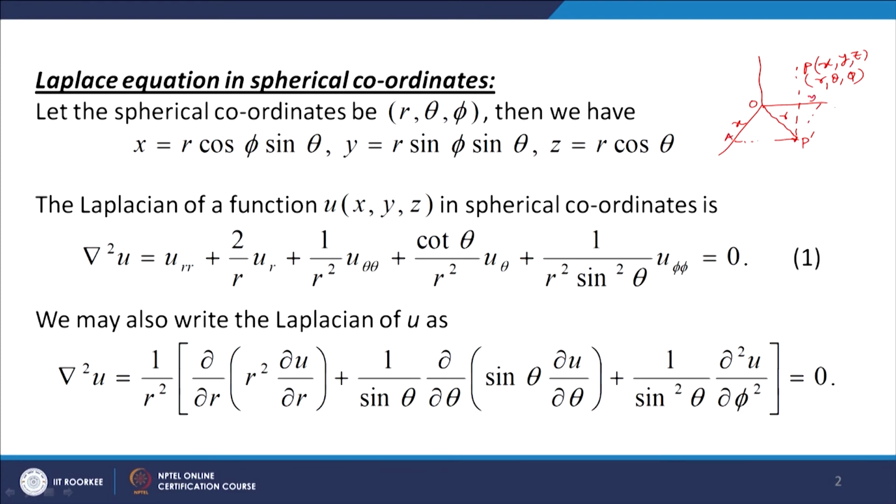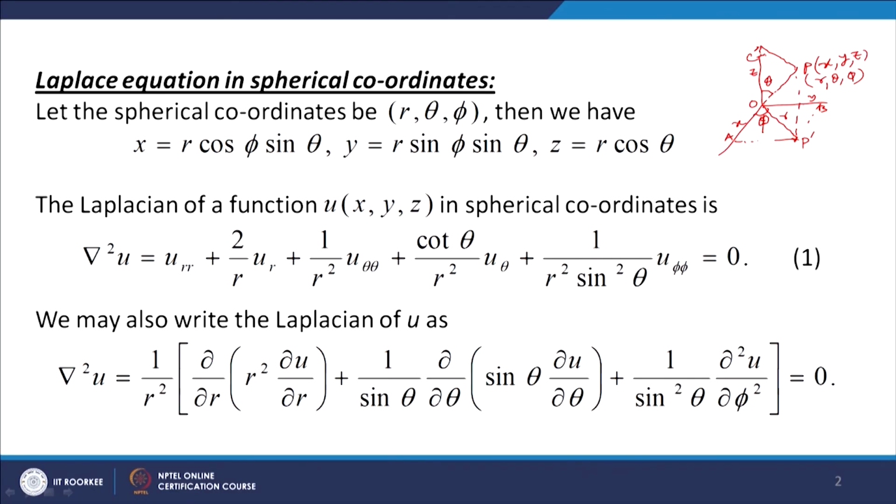So, OA is x, OB is y, and OZ, this is point C. So, OC is z, and this angle is theta, and this angle is phi, because phi is the azimuthal angle.